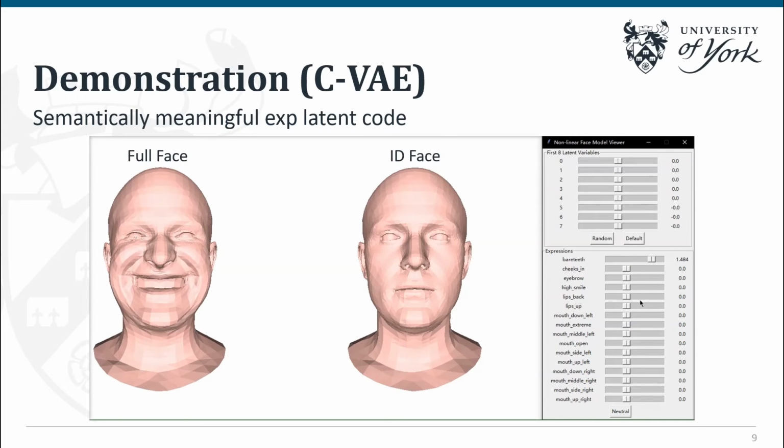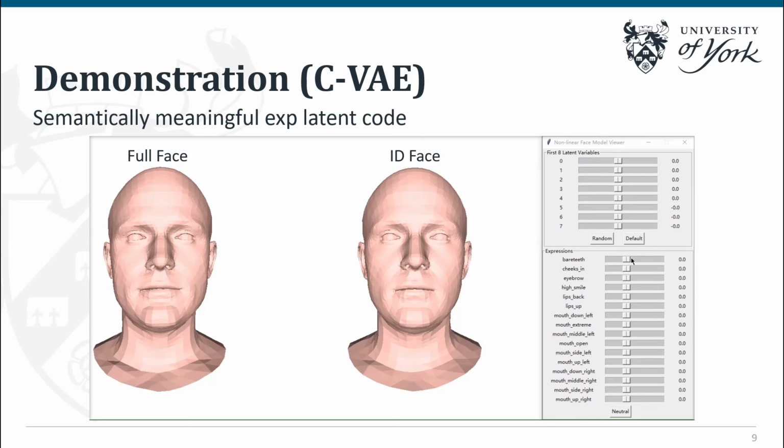Then we change the semantically meaningful expression latent variables. You can see that we can make the reconstructed faces do different expressions. We demonstrate 4 expressions here: the bare teeth, the cheeks in, the eyebrow, and the high smile. In the end, we can also make a combination of 2 expressions.